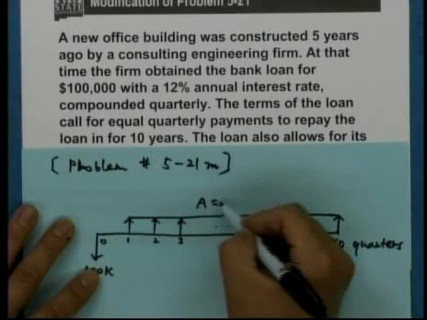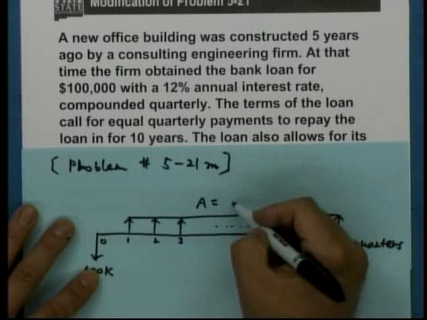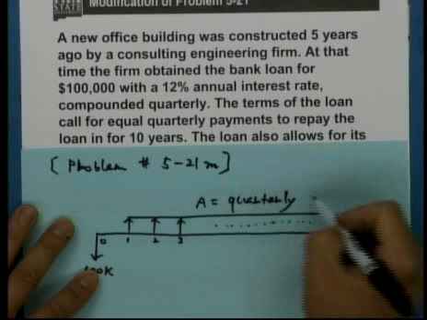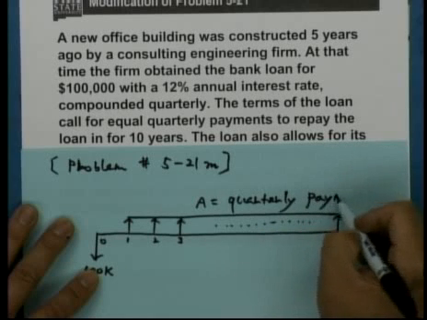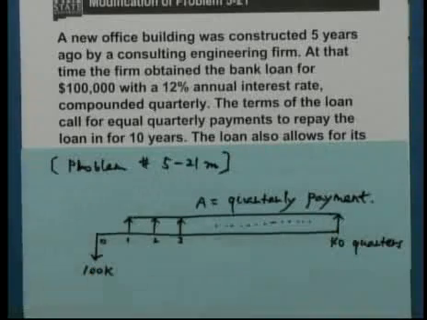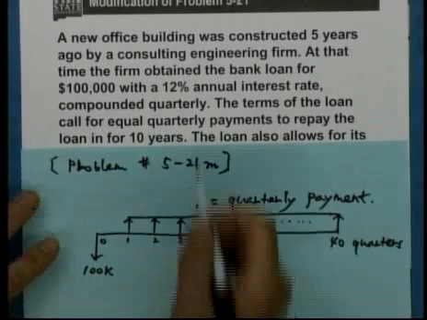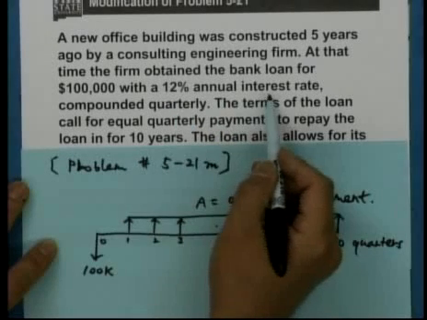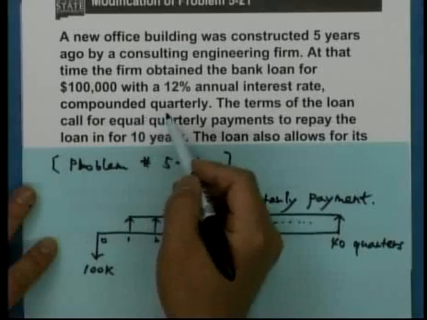So A is the equal quarterly payments. Is that right? Okay. And what is the interest rate? It is 12% annual interest rate compounded quarterly.